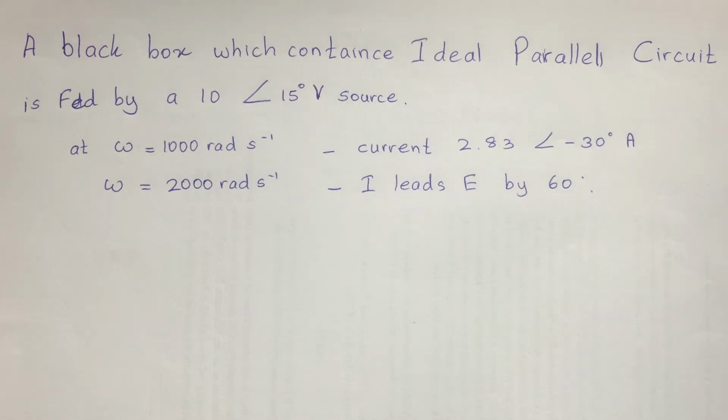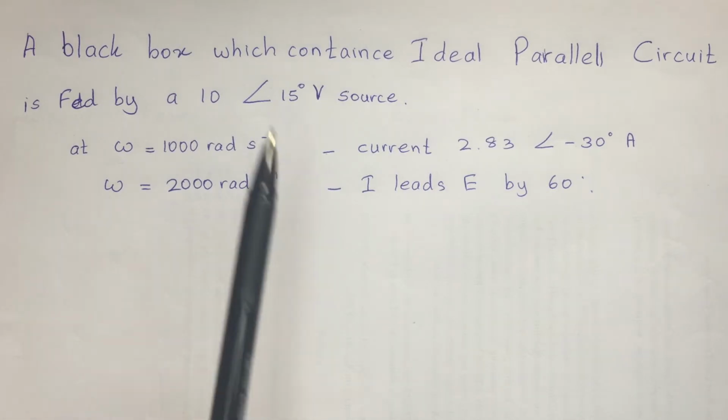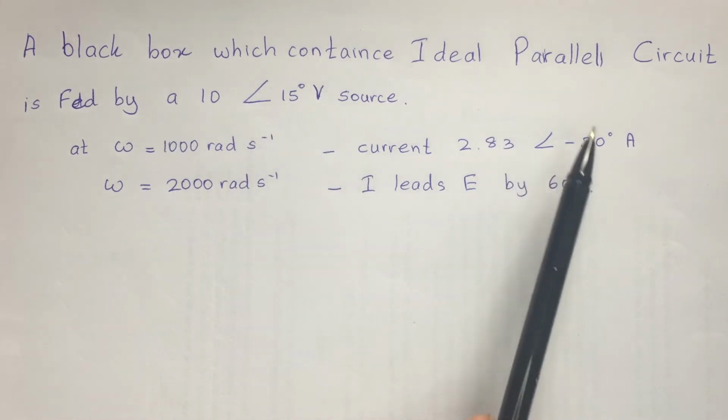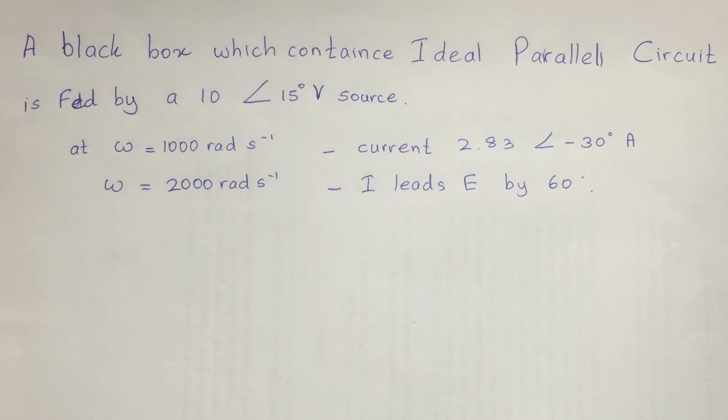So we have now found that at omega equal to 1000, it shows the inductive characteristic, so we can tell there is an inductor as well as a resistor. The reason we can tell there's a resistor is that if there were only an inductor, the phase angle difference would be 90. Here we have minus 30 and 15, so the difference is 45, which shows it's not 90. So we can't say there is only an inductor; there might be a resistor and an inductor.